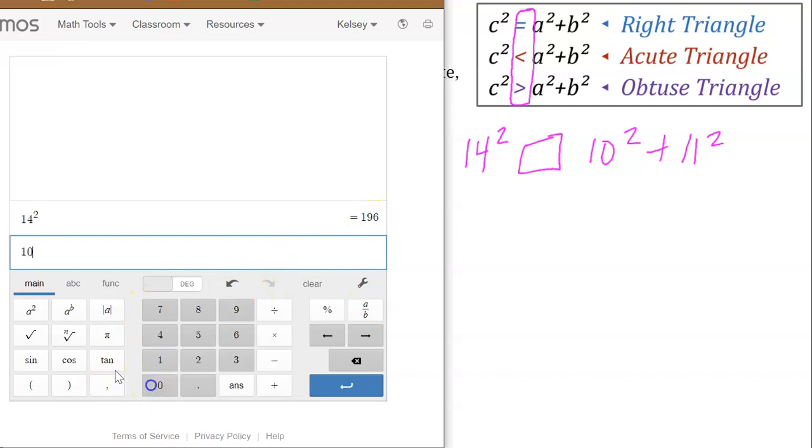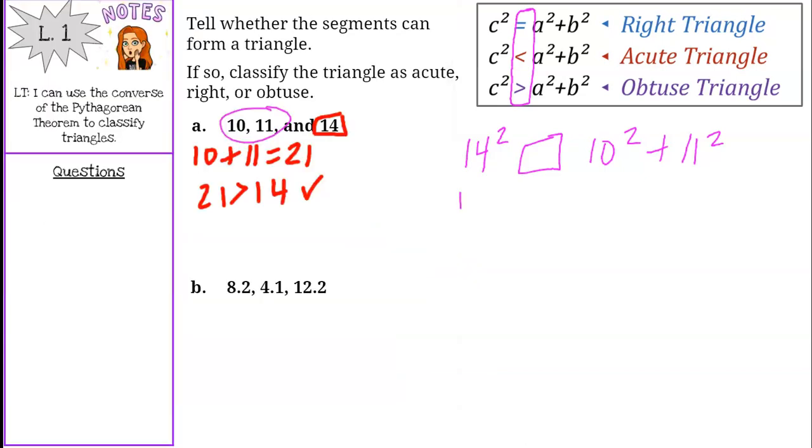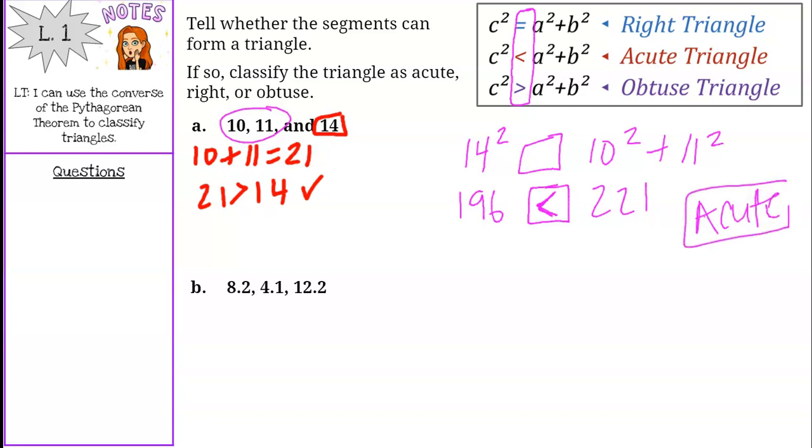Then 10 squared plus 11 squared gives us 221. Now I just have to fill in the appropriate symbol, which is less than. 196 is less than 221, which makes that an acute triangle. So these side lengths, if forming a triangle, would make an acute triangle.